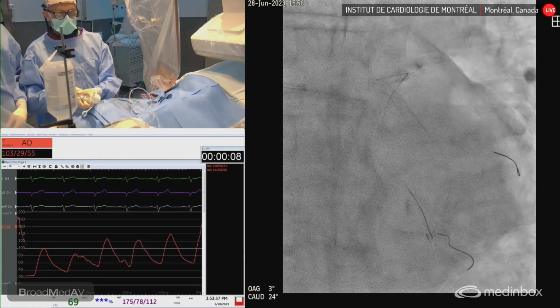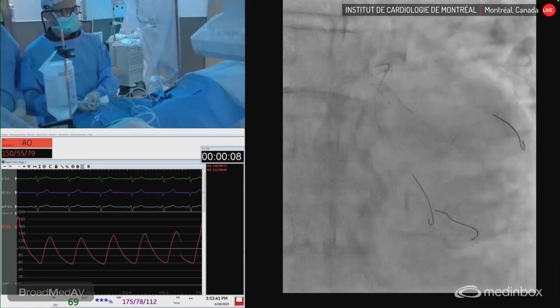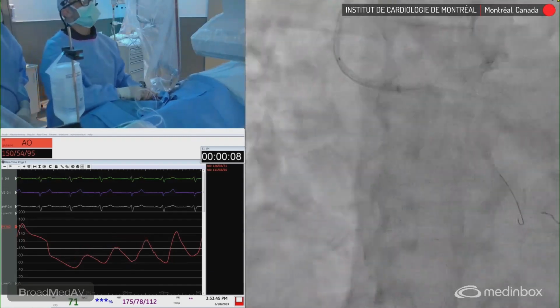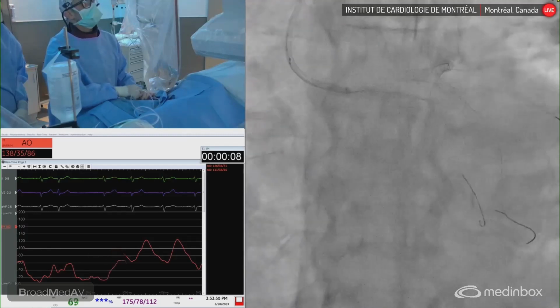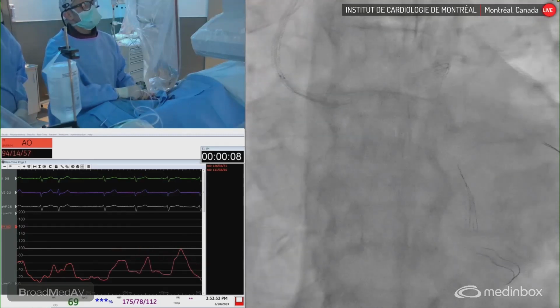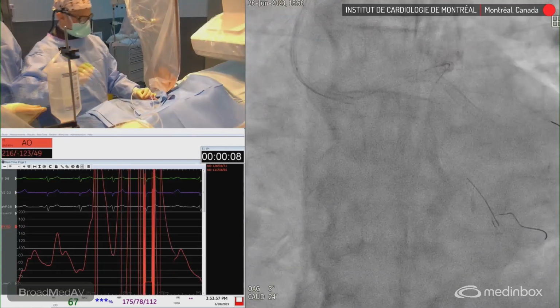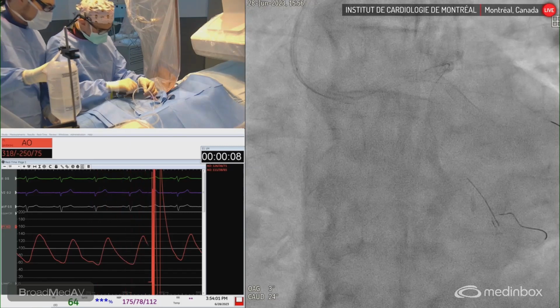Yeah, inflate, deflate, because it's stuck in the guide. Show me the guide, please. You see the balloon? It's not moving. Okay, it's moving forward. Okay, it's out. Better now? Good. Perfect. So sometimes just inflating, deflating, and the guiding can help you.